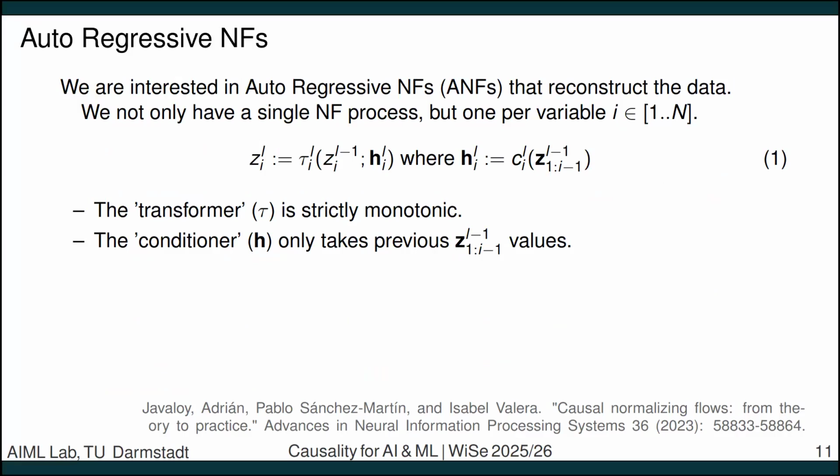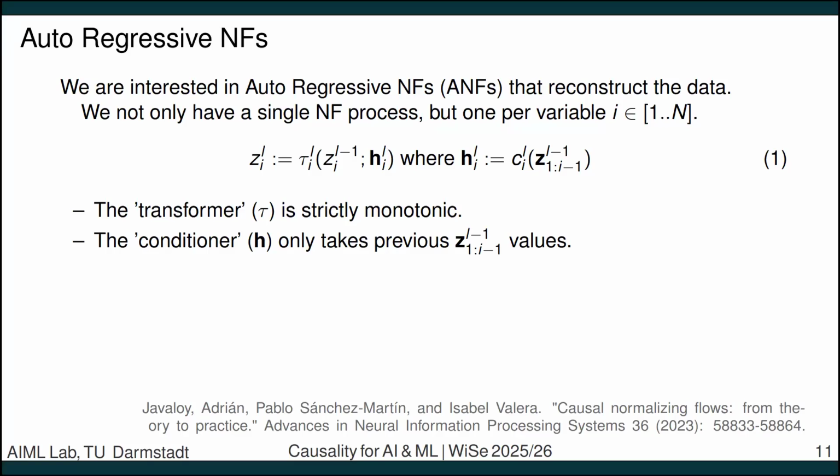So for causal normalizing flows, we will consider a particular type of normalizing flows called autoregressive normalizing flows. This goes back to the unrolled representation that we saw earlier, where at every time step, we output a bunch of latent, or in the end, the observed variables.